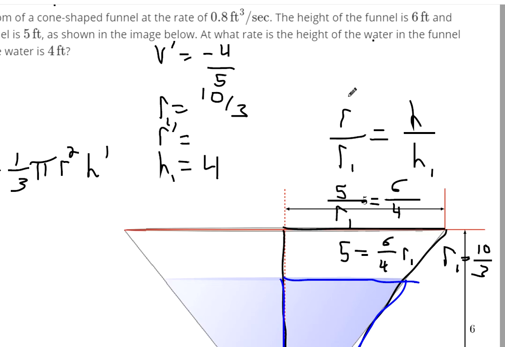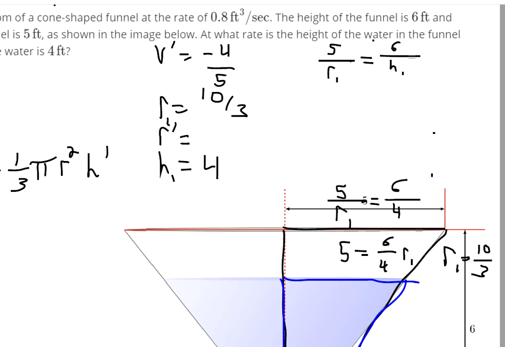We know that the radius of the entire big triangle is never going to change. That is always 5. And the height of the big triangle is 6. So if we rearrange that equation, we get 5h sub 1 equals 6r sub 1.